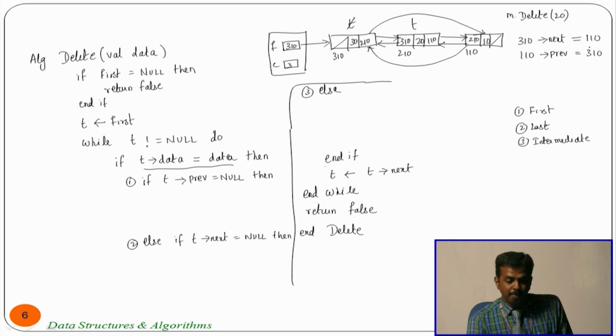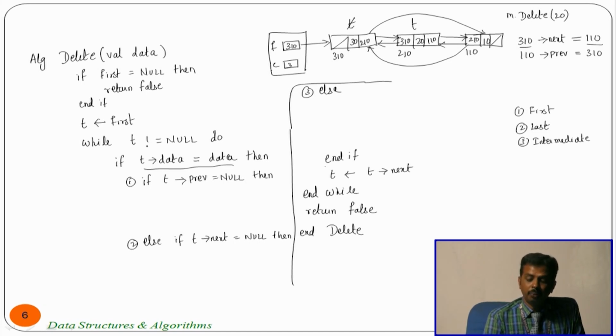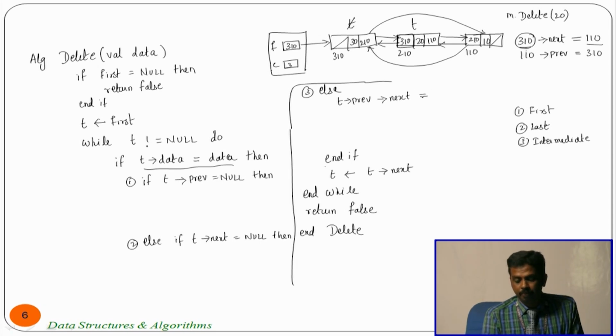The problem is we know only 210; t is nothing but 210. How do we get 310? How do we get 110? The 310 and 110 information are there in t itself. How can we get 310? T of previous. So, t of previous will give 310, whose next is equal to 110.